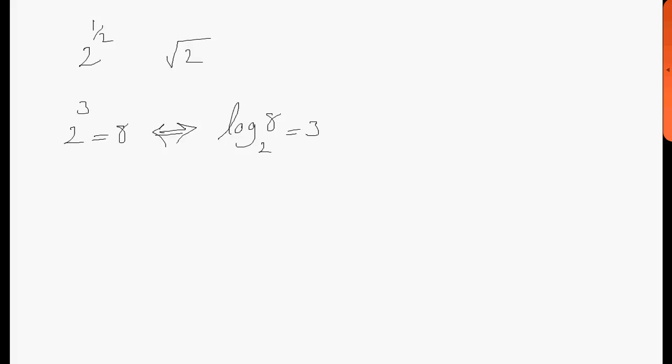So generally, logarithm of y base b equals x if and only if b to the power of x is y.